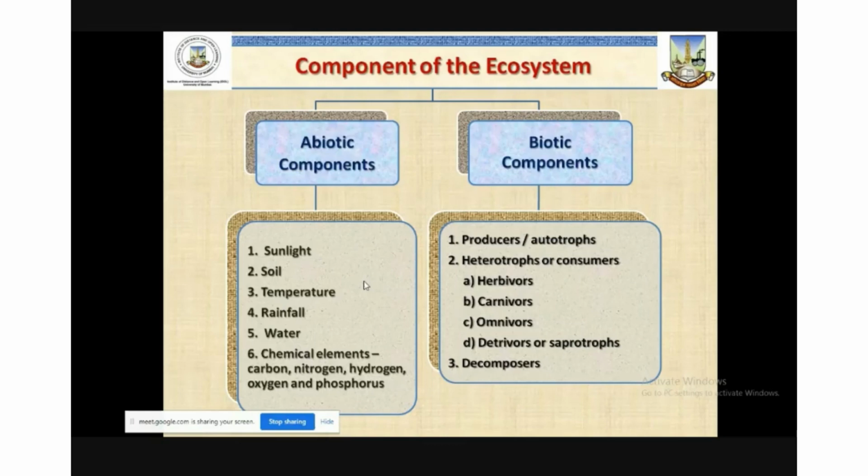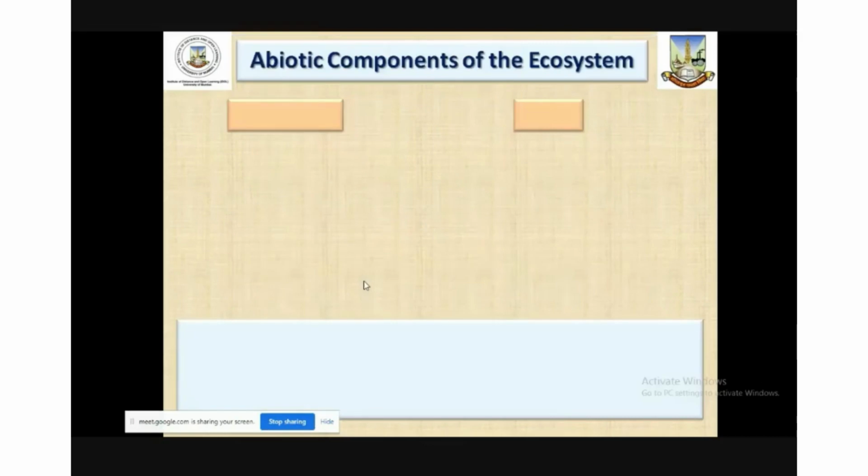Second is heterotrophs or consumers, which do not produce their own food but depend upon other organisms for their food, and which can further be subdivided into herbivores, carnivores, omnivores, detritivores, and saprotrophs. The third category of biotic component is decomposers, the microscopic organisms which disintegrate the dead bodies of animals and plants.